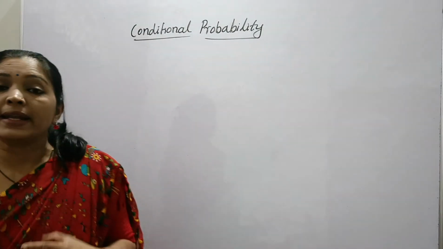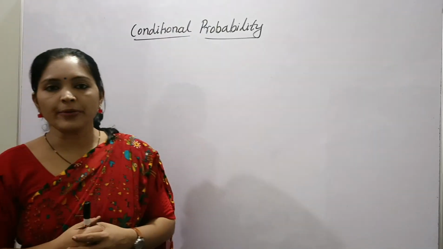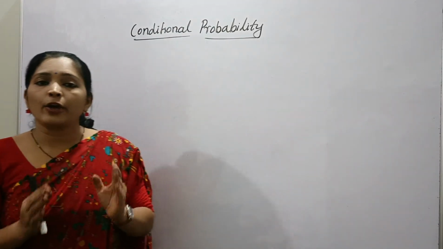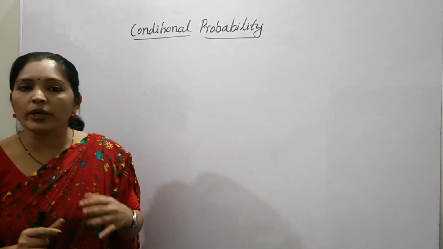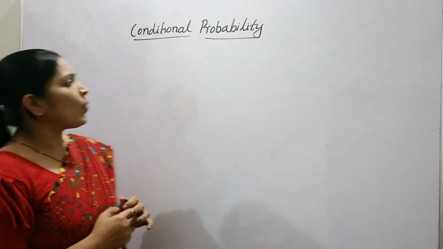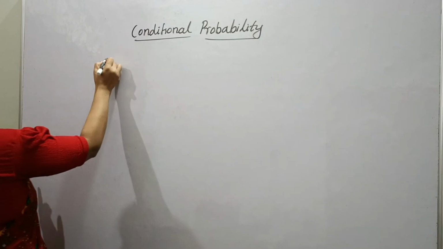Now let's consider another example for conditional probability: throwing a pair of dice. Consider an experiment of throwing a pair of dice.